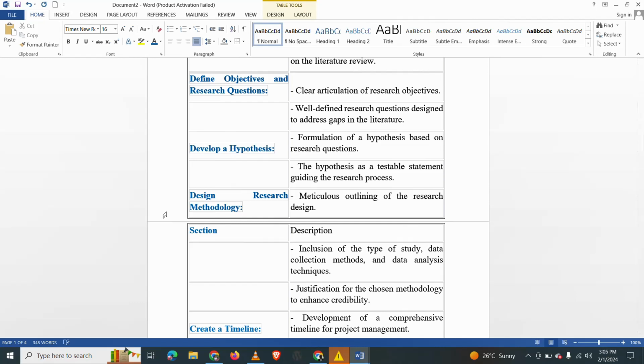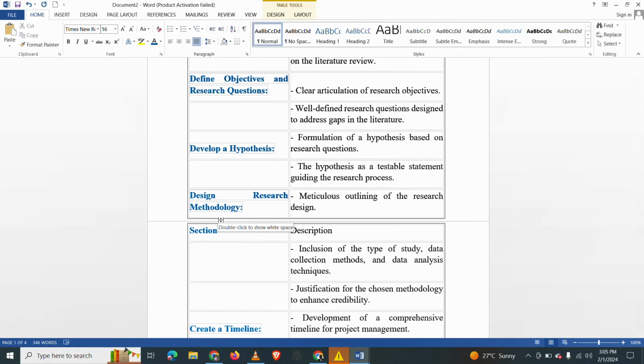The research design is meticulously outlined in this section, encompassing the type of study, whether it is qualitative, quantitative, or a combination of both. The chosen data collection method and the specific data analysis techniques to be employed in this.